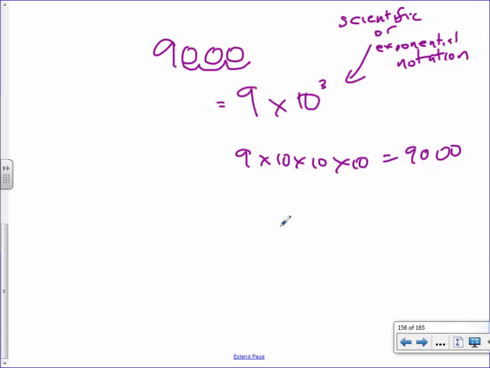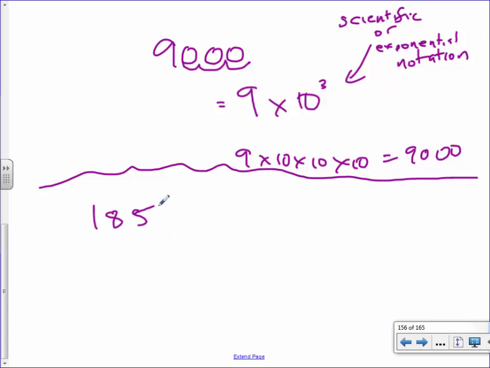Let me do another example, just to make sure this is kind of sinking in. Let's say I gave you the number 185,000,000,000,000,000. A very large number. How can I shorten up and write it in exponential notation? So, start at the back. Where's the decimal place? Right there.